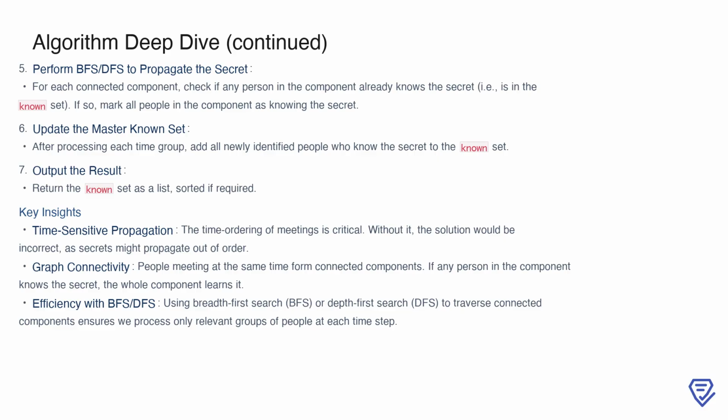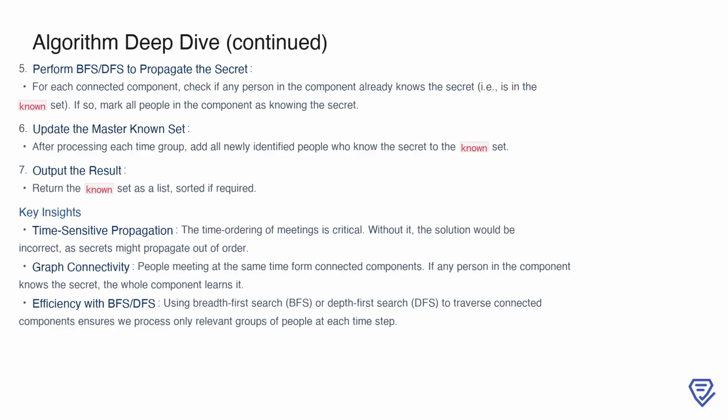If any person in the component is already in the known set, it means the secret can propagate to the entire component. We then mark all individuals in that component as knowing the secret. After processing a time group, the newly identified individuals are added to the master known set, ensuring that the information is up to date for subsequent time steps. Finally, after all meetings are processed, we output the known set as a list.